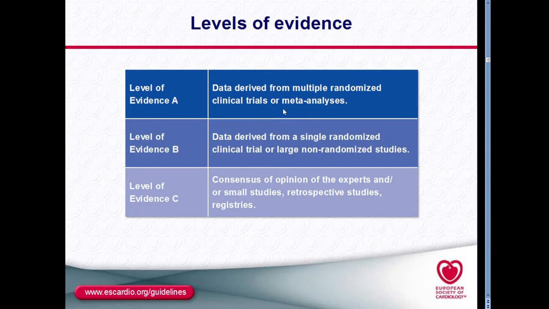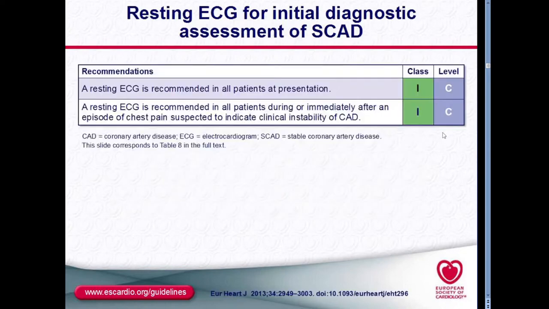And at last, level of evidence C. It means the presence of consensus of opinion of the experts and or small studies, retrospective studies, registries. And sure, the best combination of class of recommendations and level of evidence is 1A. Now we'll see further about this approach.